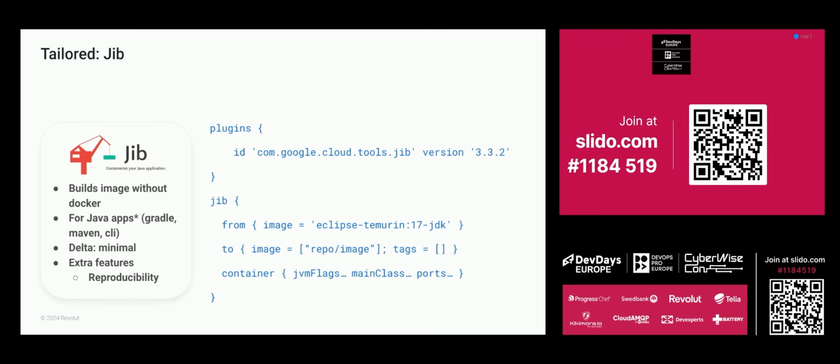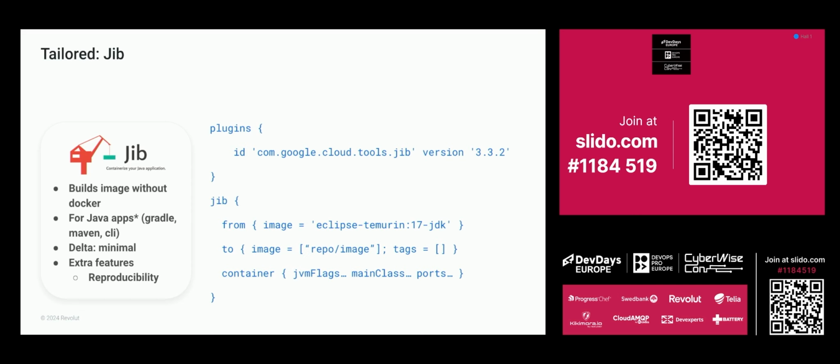Then we have this Jib thing, which could be used from the command line, but I'm using it as a Gradle plugin. It's a very short configuration, and I would say the biggest difference is that it is not using jars at all. The idea here is different.